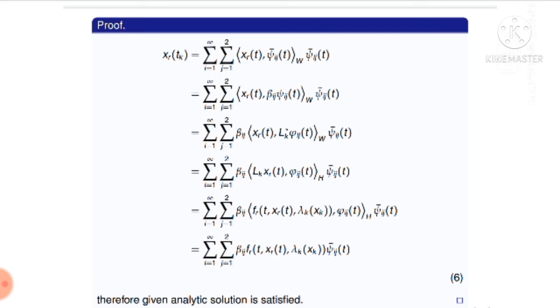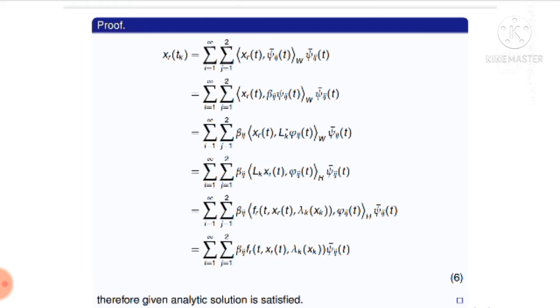Lk goes to the inner product of the first function Lk x²(t) ψij(t). This goes to the function f(t, xr(t), λk xk), and the inner product goes to f(t, xr(t), λk xk) ψ̄ij(t). Therefore, the given analytic function is satisfied.